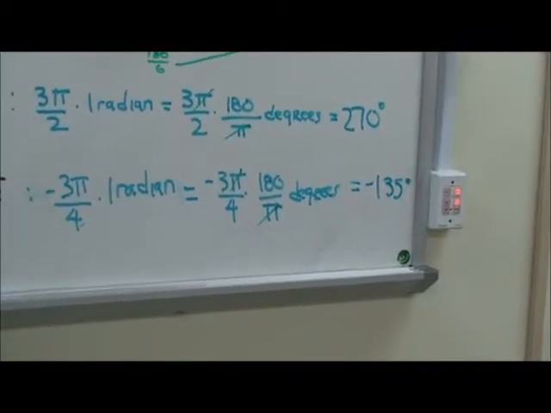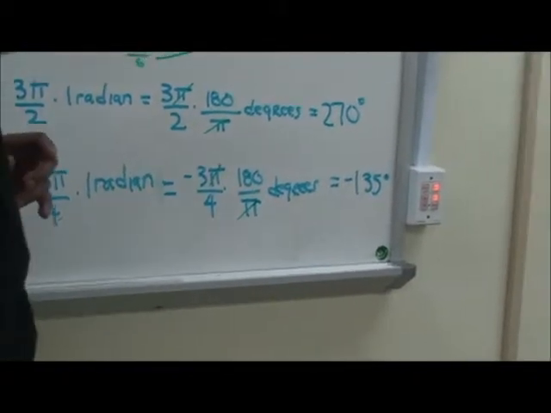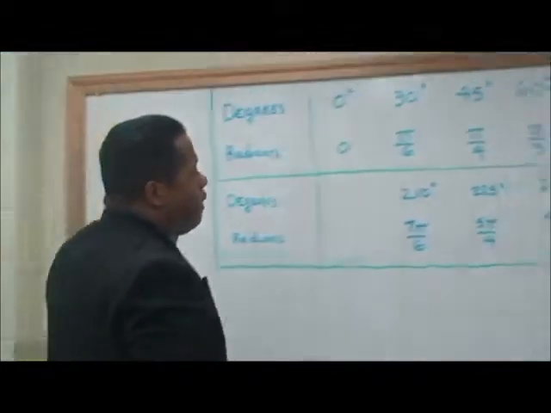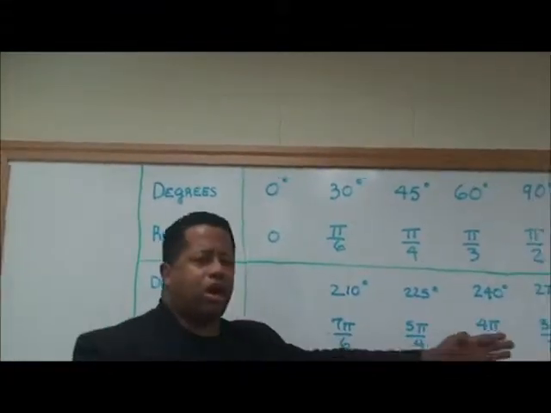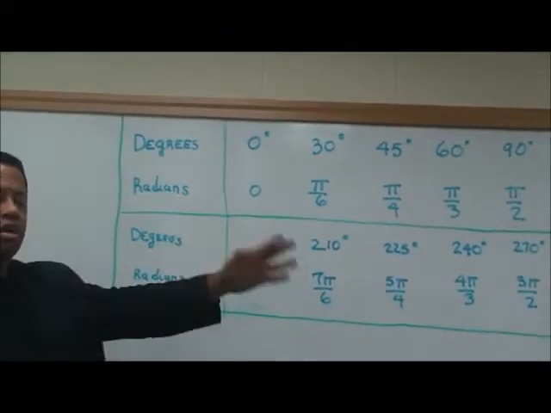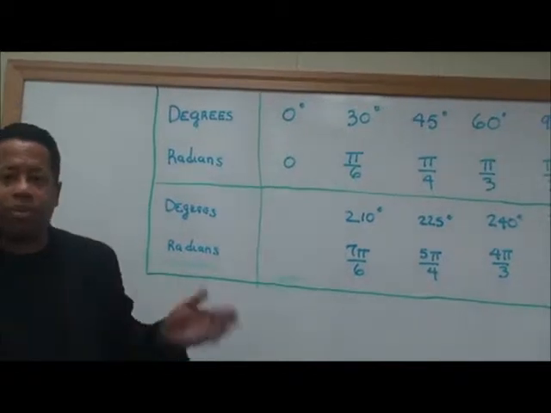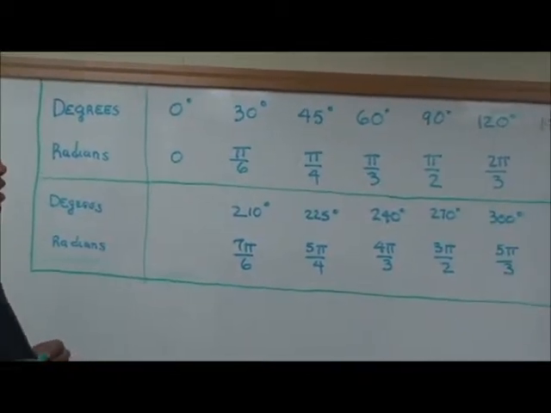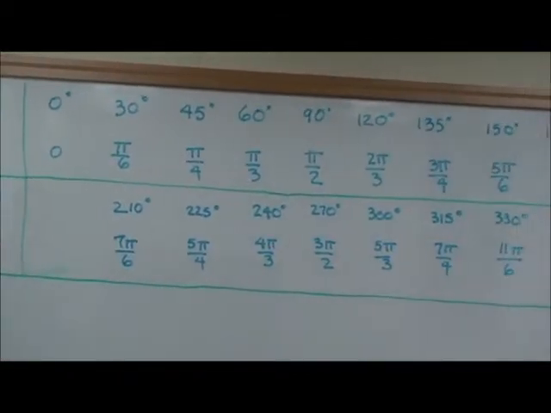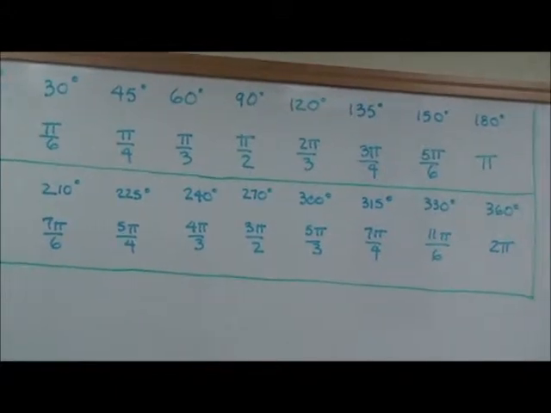Now, just observe the commonly known angles here on the other whiteboard. This is very important because your professor will ask you to know these things. And of course, you will be developing the unit circle and calculating values for trigonometric functions.